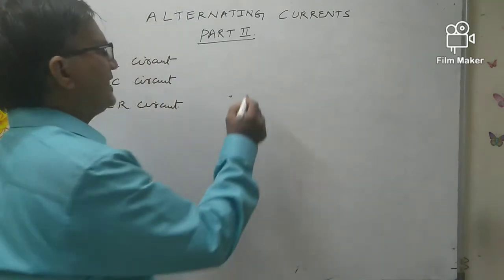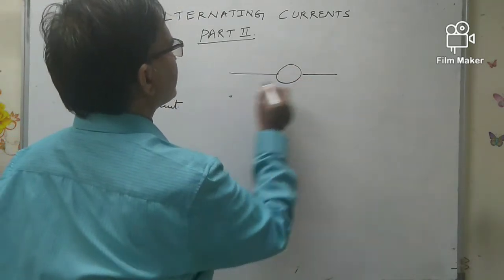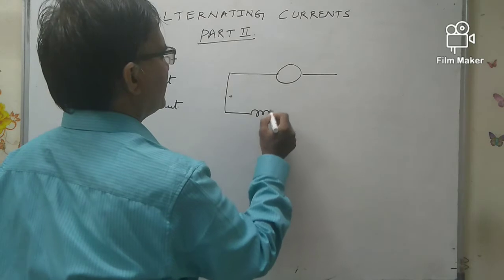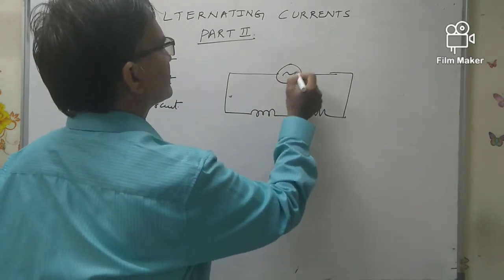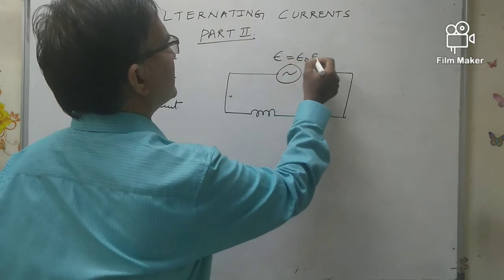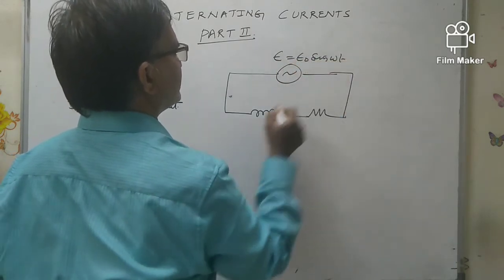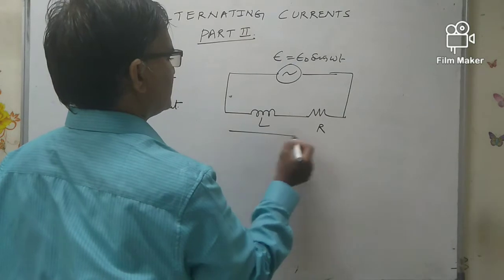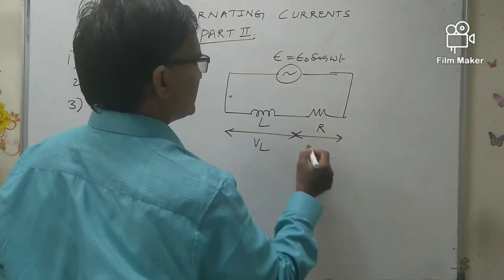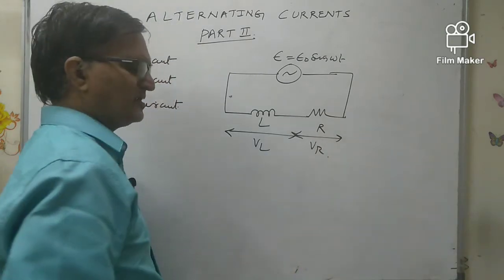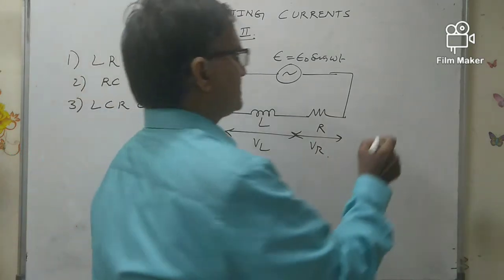Now here in the LR circuit we have an inductor and a resistor connected to the input signal E is equal to E naught sin omega t. This is the inductor, this is the resistor. VL is the potential difference across the inductor, VR is the potential difference across the resistor.